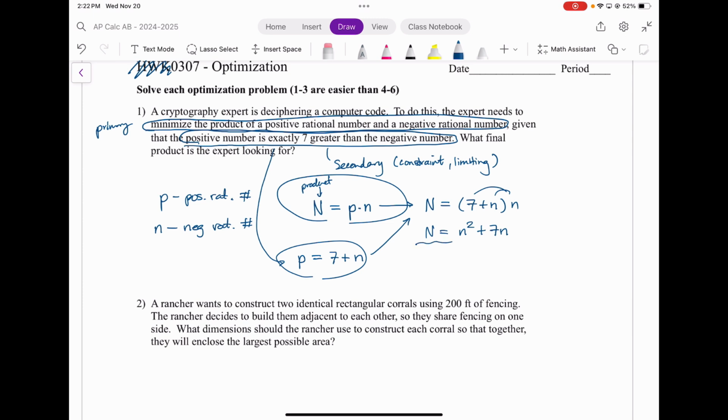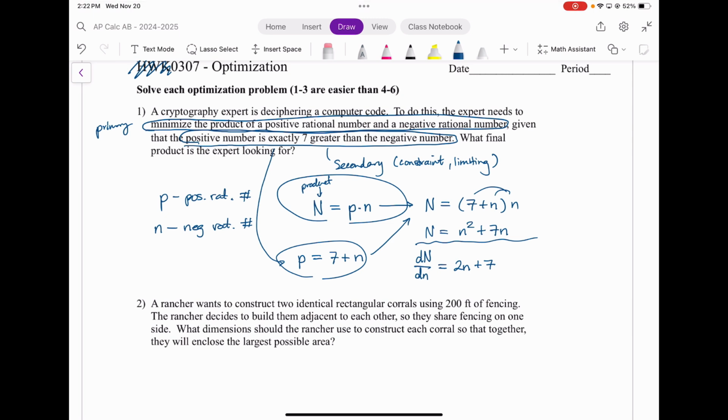Now we do our extrema business. So we're going to take the derivative of big N with respect to little n. That's going to be 2n plus 7. I know I'm using 2 n's here. Just try to keep them straight in your head. Capital N is the product.